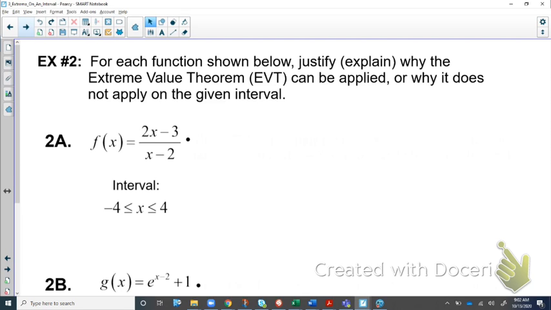So for instance here, let's take a look at these. The question asks us to justify why the extreme value theorem can or cannot be applied on the given interval. Now here, let me be clear on what I'm going to be looking at for my answers.